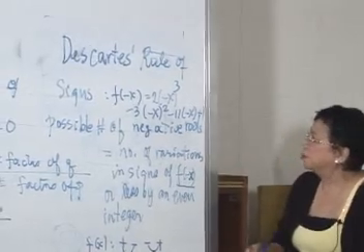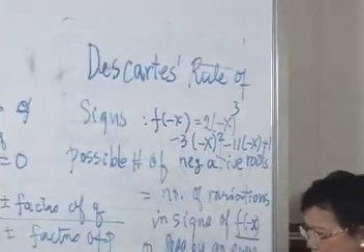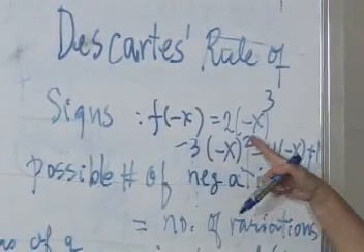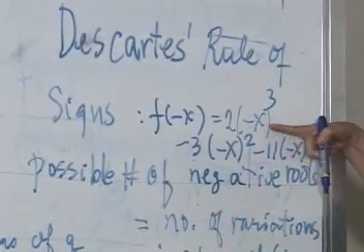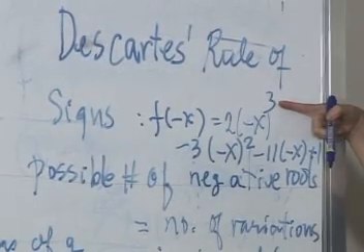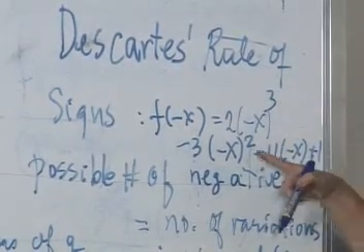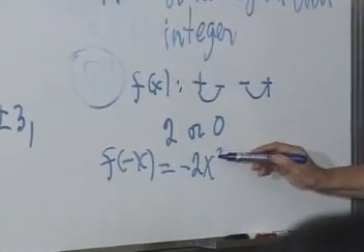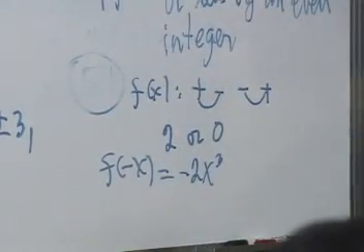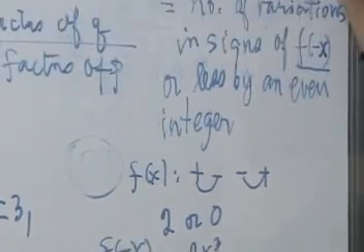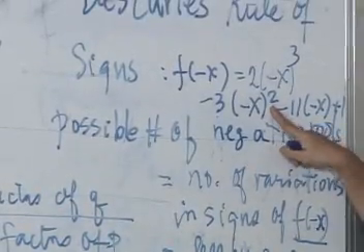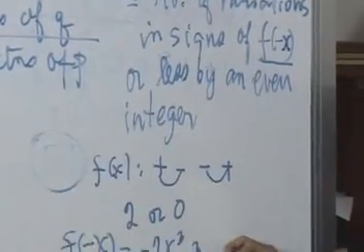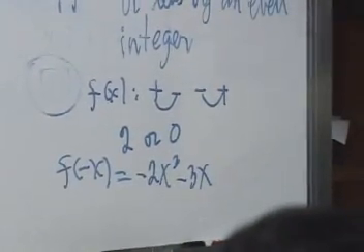Now, f of minus x will therefore be, this is negative x raised to an odd power, therefore negative: negative 2x cubed. This is negative x raised to an even power, so it becomes positive, so that will be minus 3x squared.